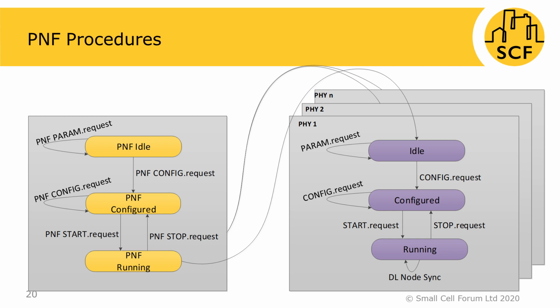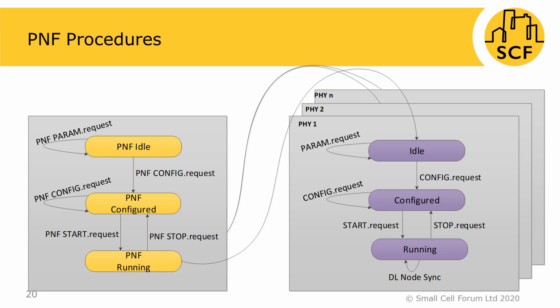Then from PNF configured to PNF running, you trigger a transition via PNF_START.request. Then you may return back to configured via PNF_STOP.request. In PNF idle, you may poll the capabilities and other parameters of the PNF via the PNF_PARAM.request message. And in PNF configured, you may configure the PNF via PNF_CONFIG.request message.